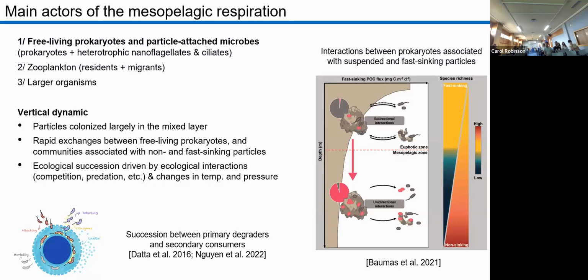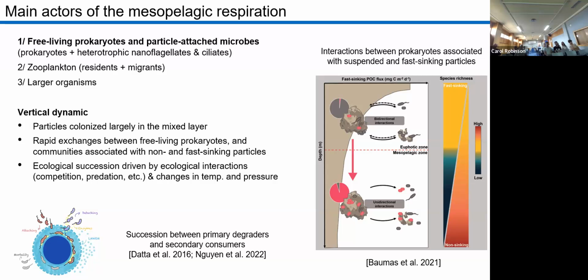One of the consequences is that the species richness in fast sinking particles tends to decrease with depth, and on the opposite, it tends to increase with depth for the non-sinking pool. A second aspect, at the scale of the particles, is rapid ecological succession, especially between primary degraders and secondary consumers.